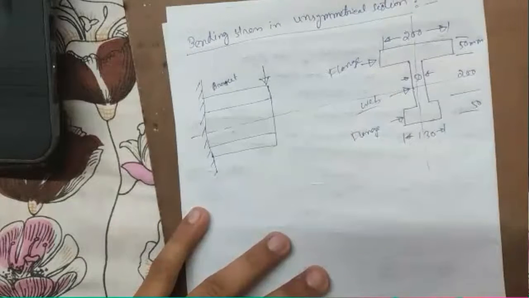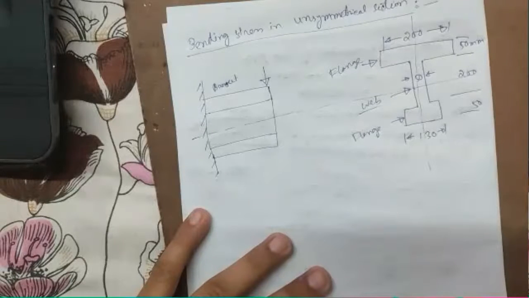If the maximum bending moment on the section is 40 meganewton mm, determine the maximum bending stress. What is the nature of the stress?